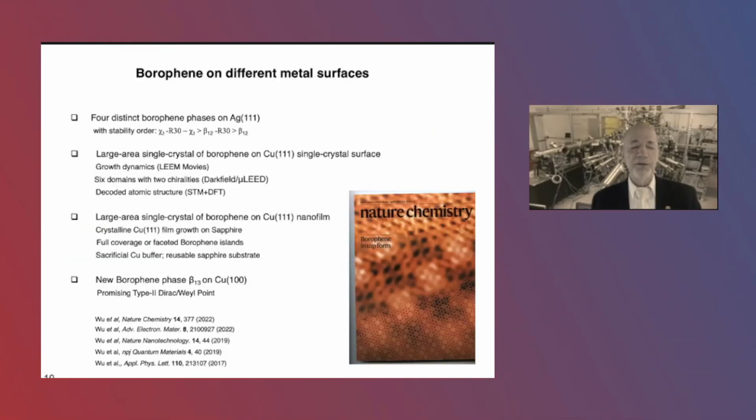So to summarize, we have discovered 4 borophene phases on silver 111 surfaces, 2 more on copper 111 and copper 100. We have grown borophene on nanoscale thick films of copper 111 on top of sapphire, which is an insulator, which is a step towards exfoliation by sacrificing the copper buffer.